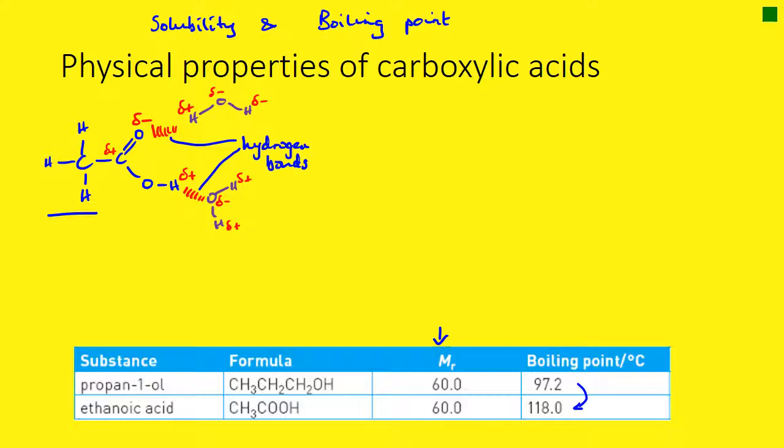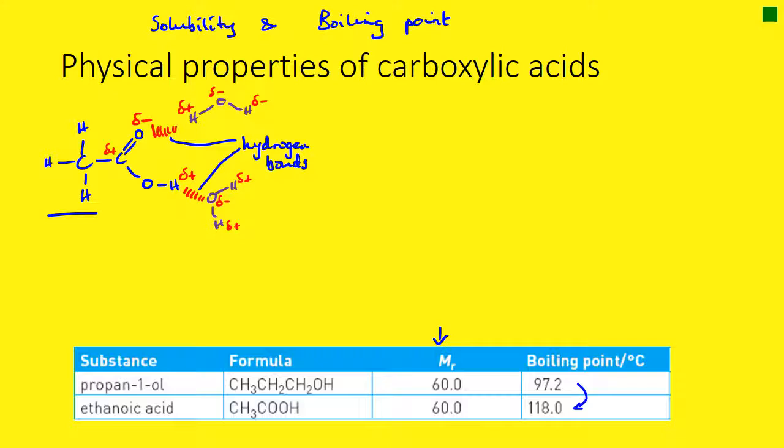So they both have hydrogen bonds. When we looked at the alcohols, we were quite familiar with the hydrogen bonds in the alcohol, holding the alcohol molecules together, requiring quite a lot of energy to break them apart, hence the high boiling point. But in the ethanoic acid, the boiling point's even higher, and it's still bonded with hydrogen bonds.